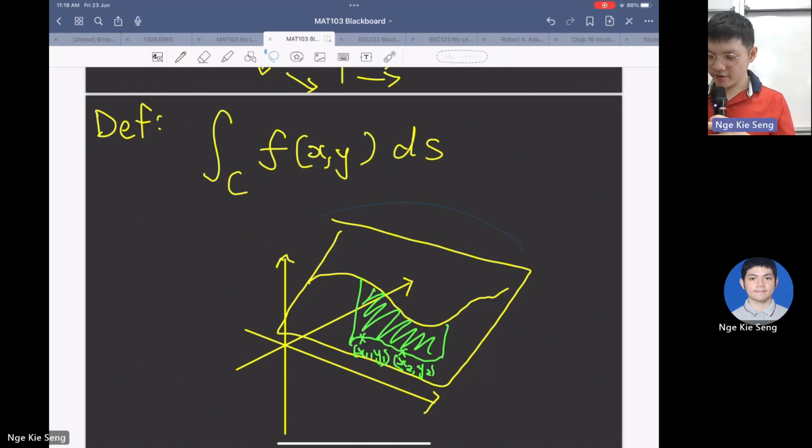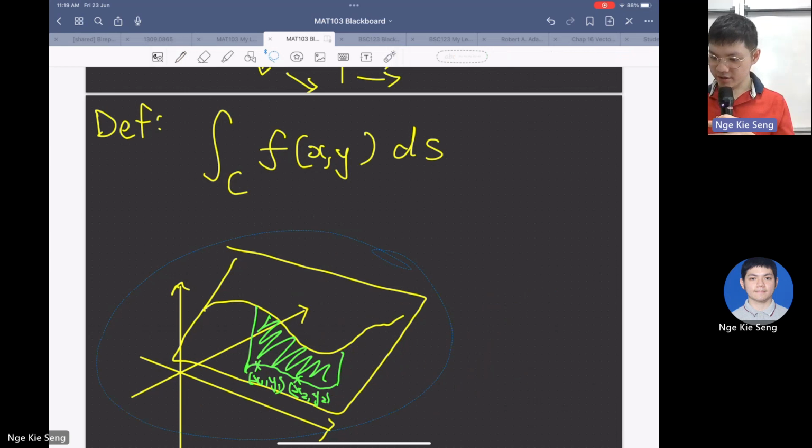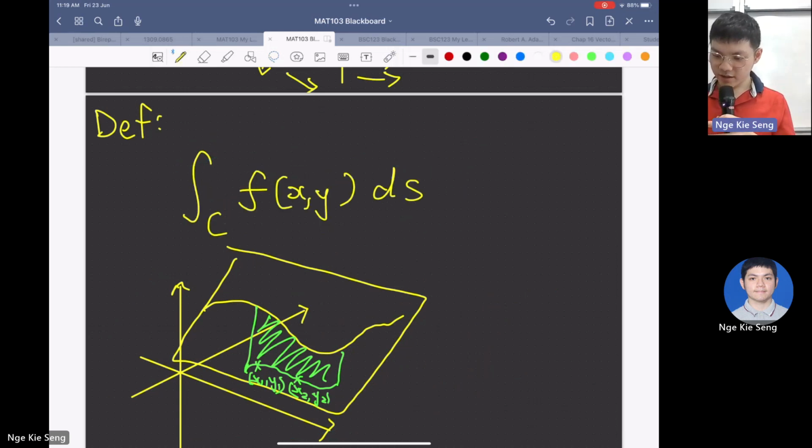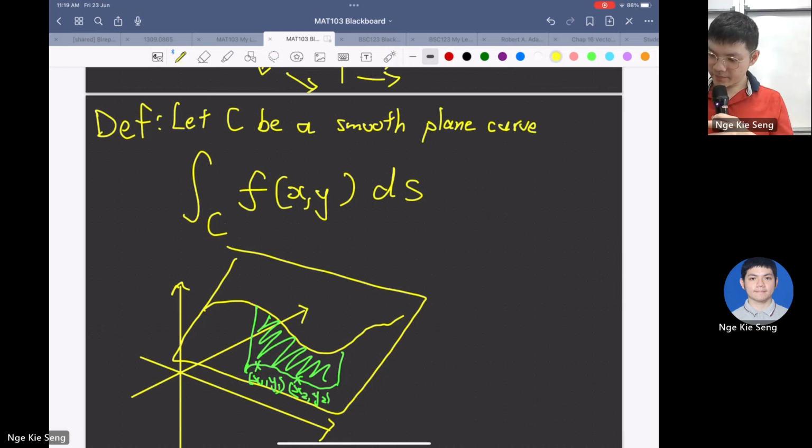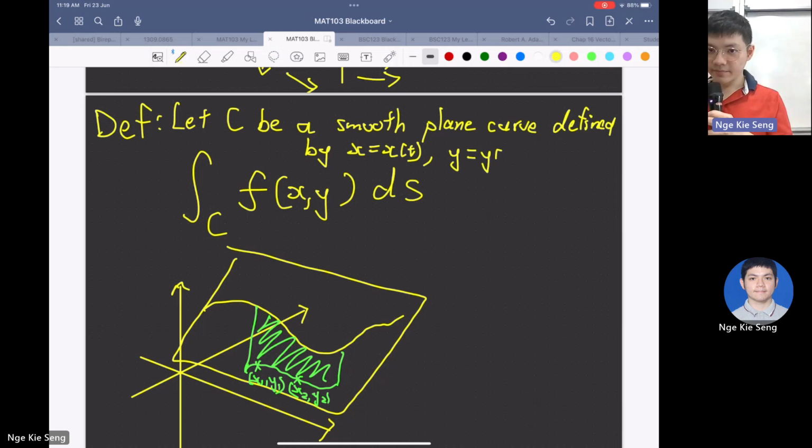Let's say we have a parametric equation for C. Let C be a smooth plane curve defined by parametric equations, so I just need one variable t to control my x and y.